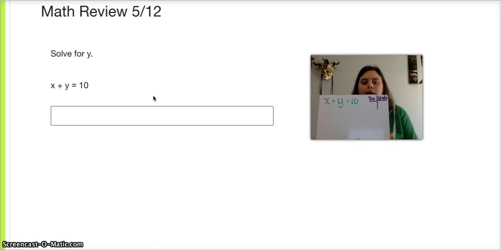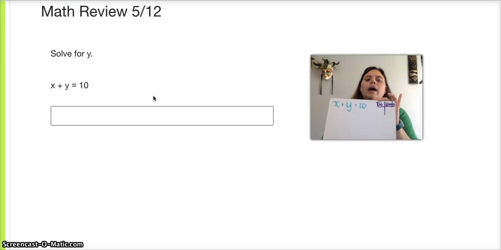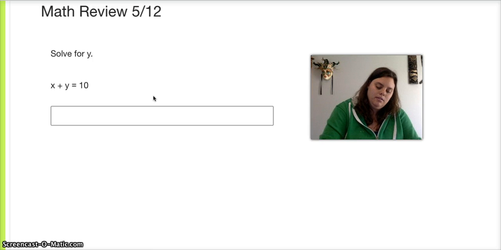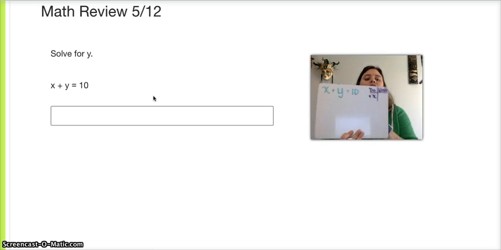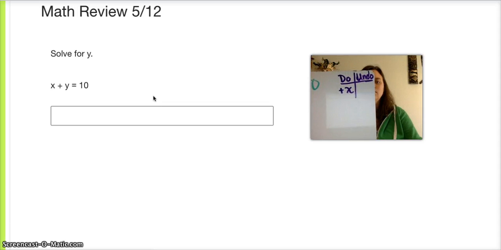I'm solving for y, so that means get y alone. I need to write what am I doing to y. As I look at y, I'm not multiplying or dividing anything, but I am adding x. I don't know what x is, but whatever it is, I'm adding it to y.